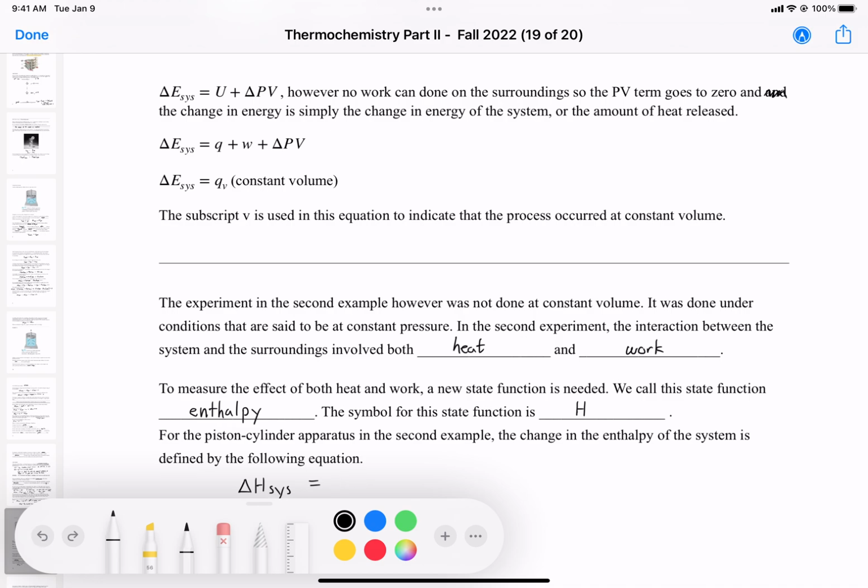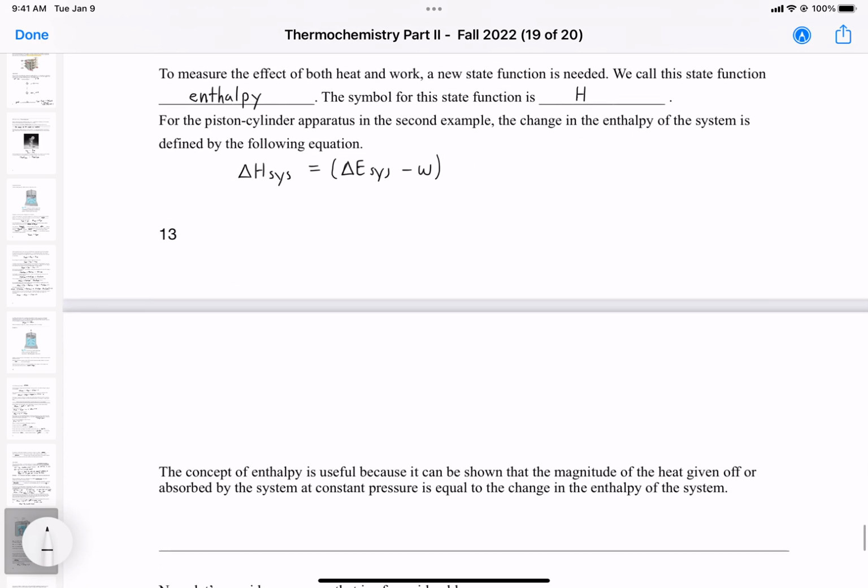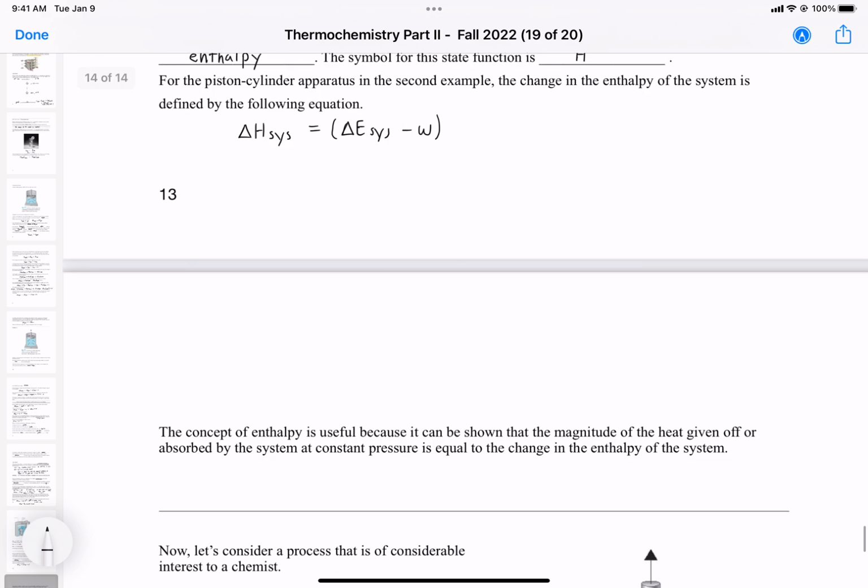We can say the enthalpy of our system is equal to the change in energy of our system minus the work done or lost by the system to the surroundings. The concept of enthalpy is useful because it shows that the magnitude of heat given off or absorbed by the system at constant pressure is equal to the change in enthalpy of the system. That's pretty useful.